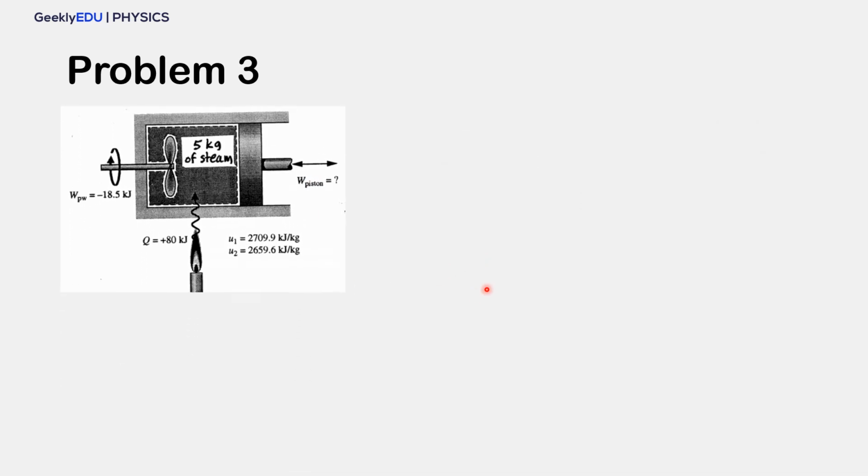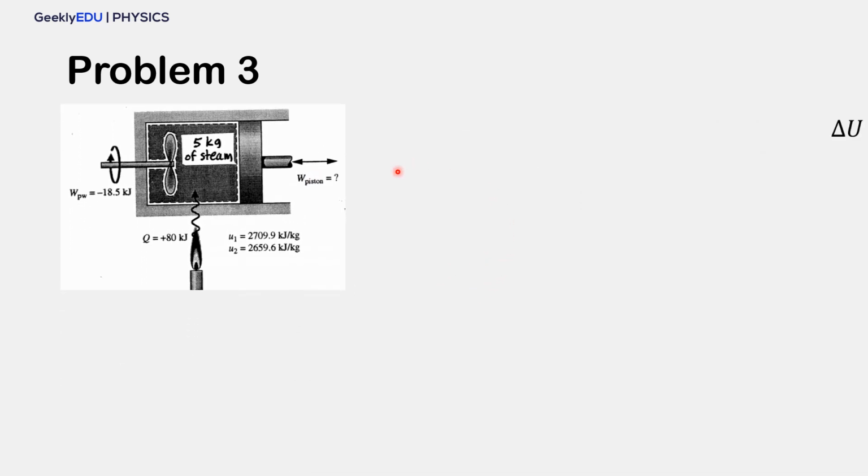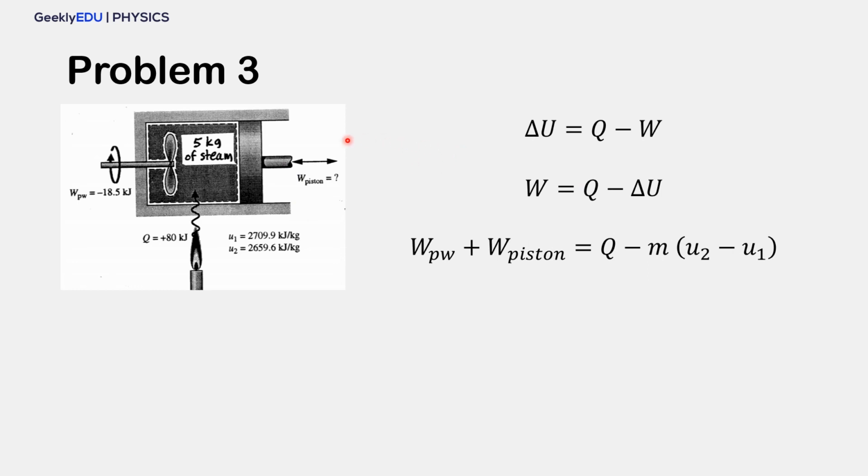Well, in this case, let's again apply the first law. We can isolate the work here, which is the thing that we want to find, and the total work in the system is the piston work plus the paddle wheel work. Also, the variation in internal energy is the mass times the variation of the specific internal energy.